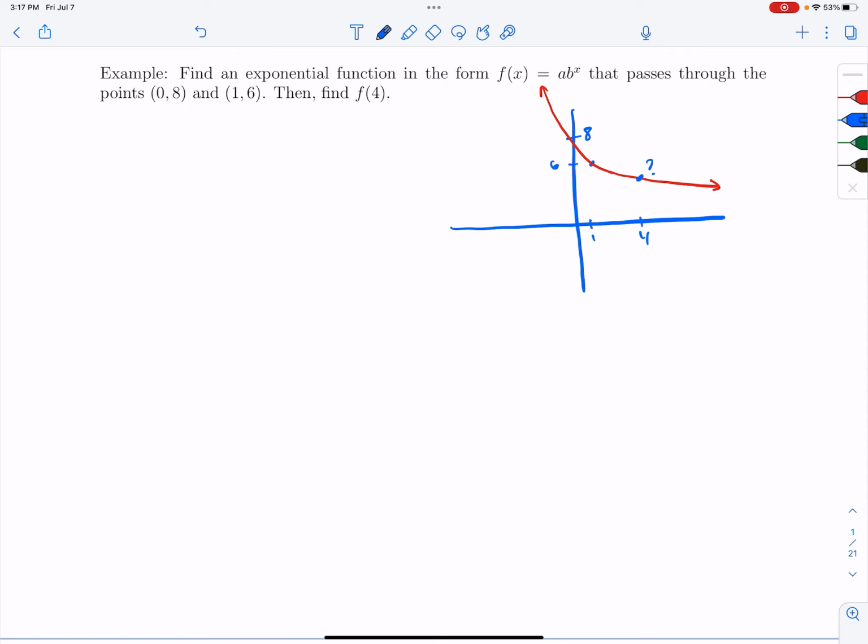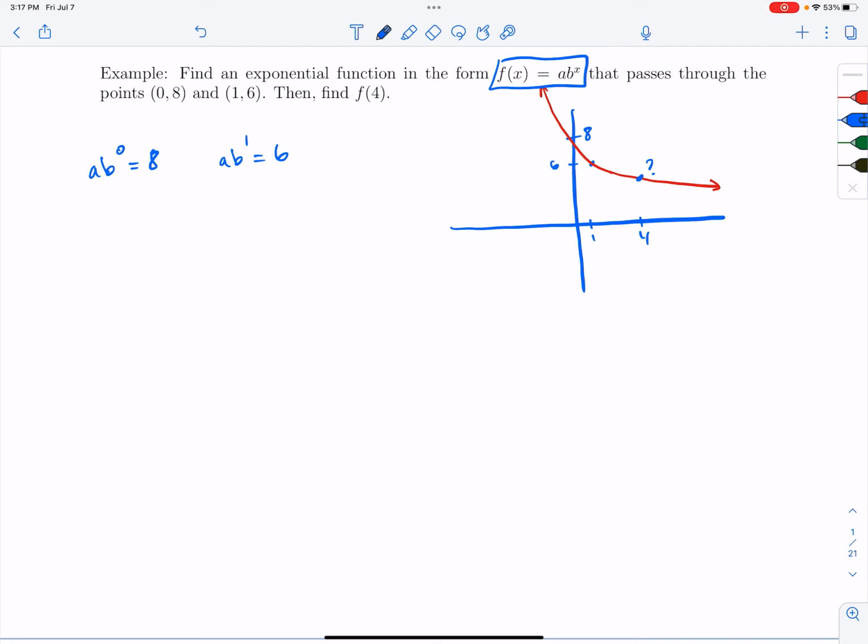What I'm going to do is take both of these points and substitute them into the form here. So x is going to be 0: ab to the 0 is equal to 8. And then I have ab to the first is equal to 6. So we have a system of equations here.